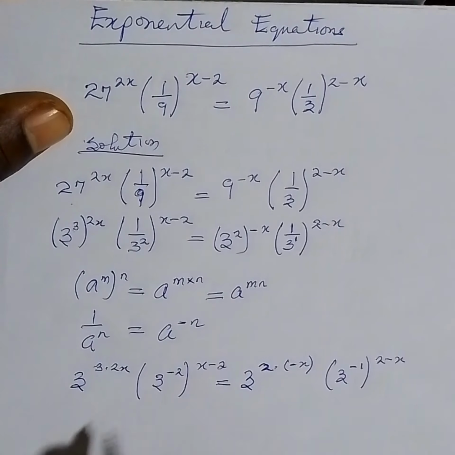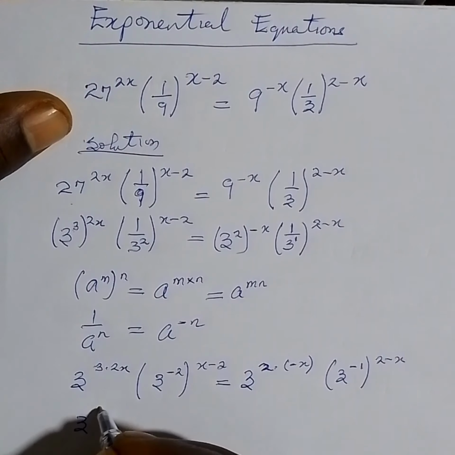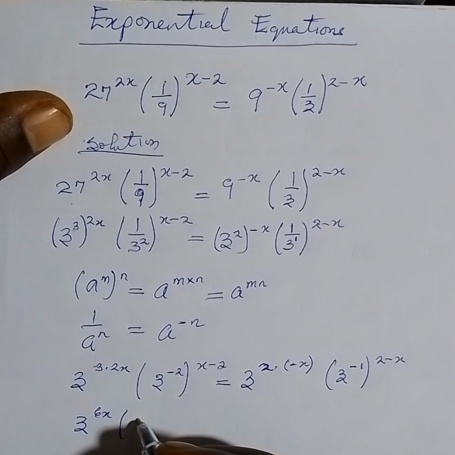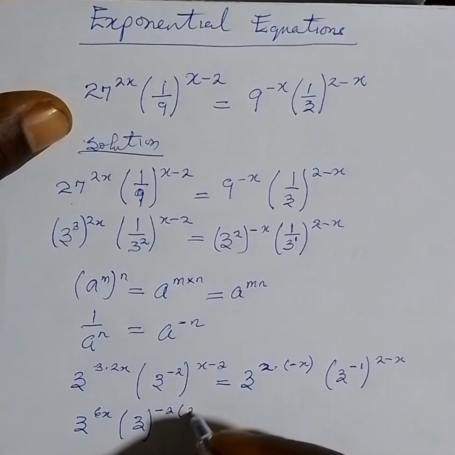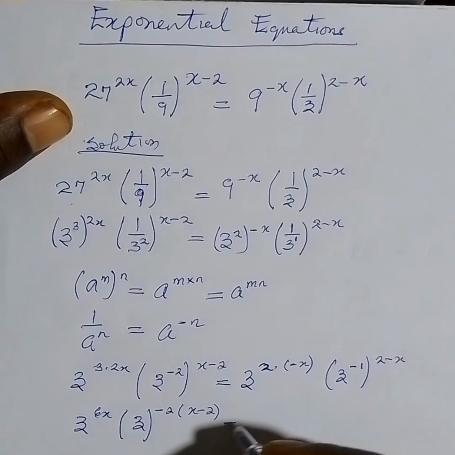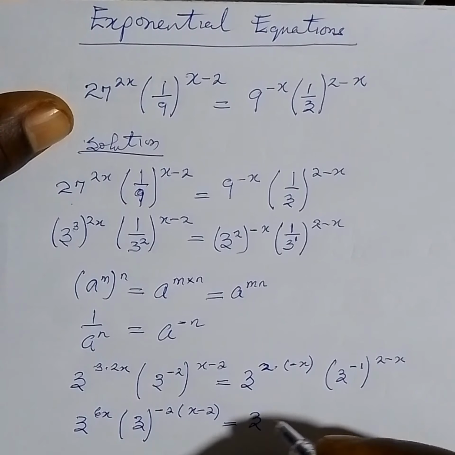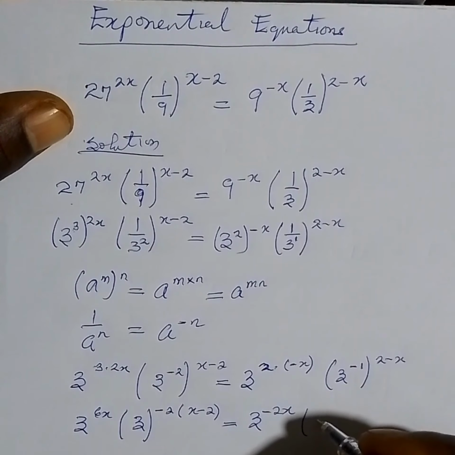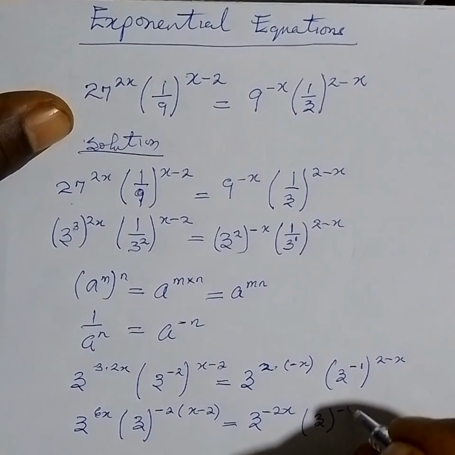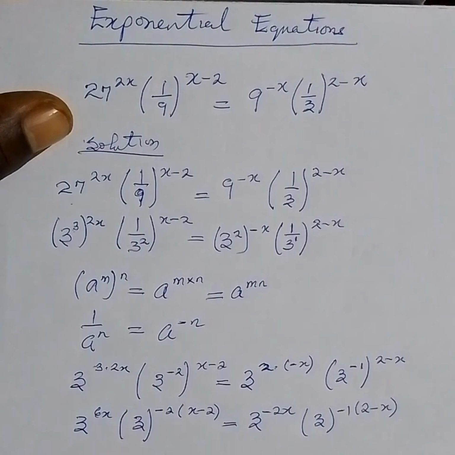So the left gives 3 to the power of 6x, open bracket, 3 to the power of minus 2, open bracket, x minus 2. On the right we have 3 to the power of minus 2x, then 3 to the power of minus 1, open bracket, 2 minus x.